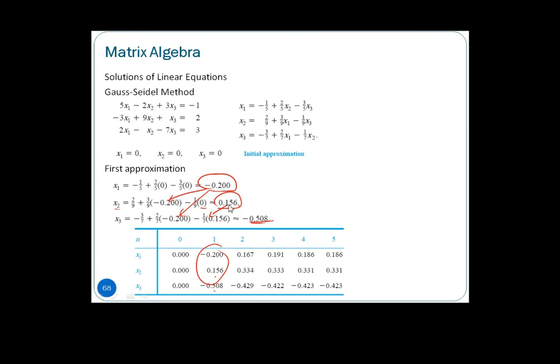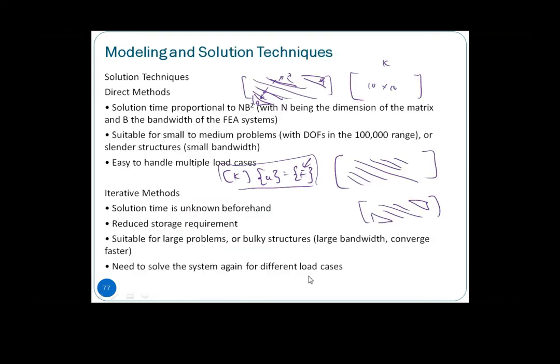If you want to change your load here, or add more loads at different points, then the whole thing has to be rerun, and all these equations will be different already. So for different load cases, with iterative you need to solve the system again.